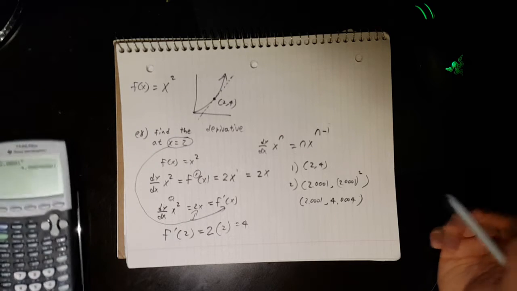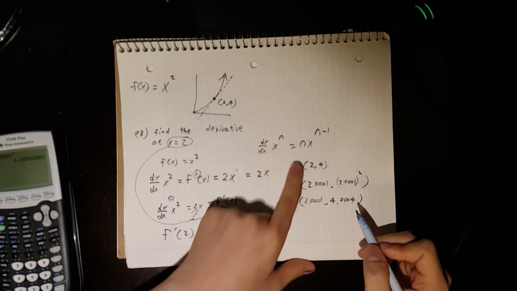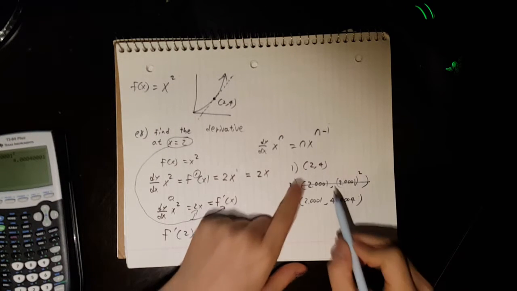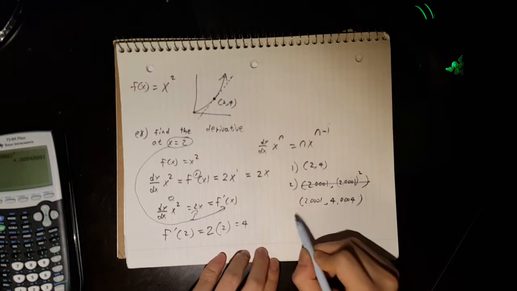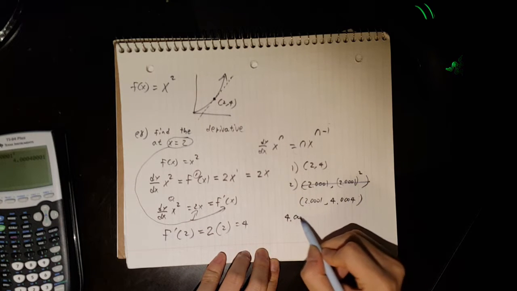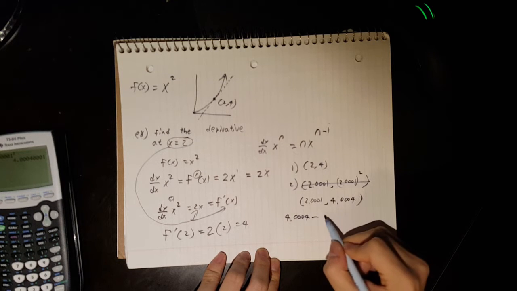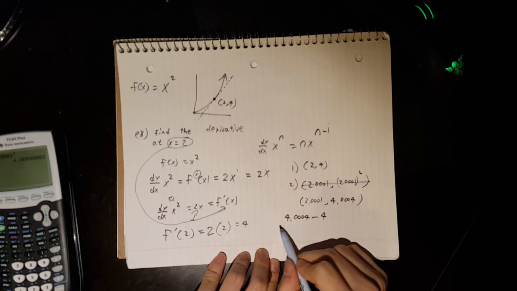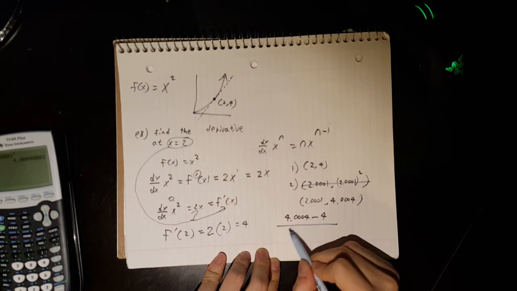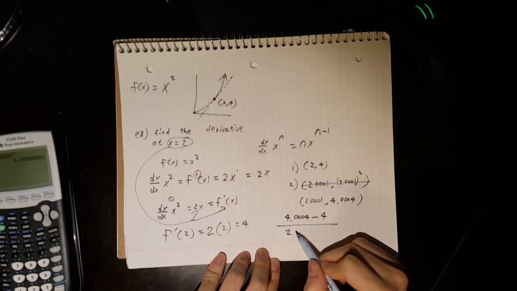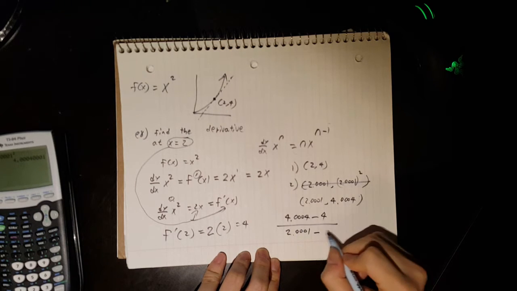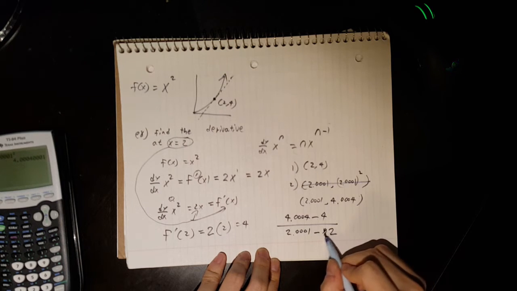So let's find the slope: y2 minus y1 over x2 minus x1, like this.